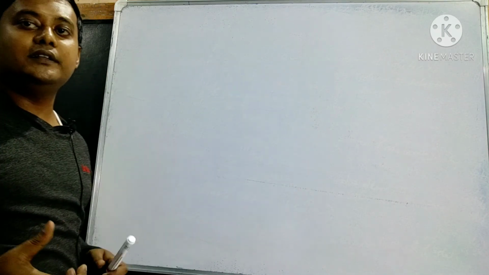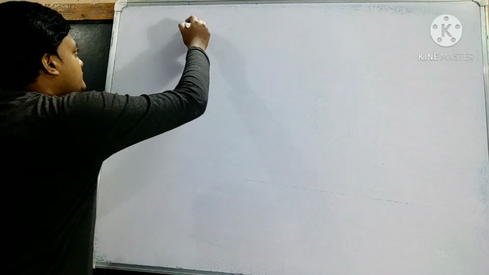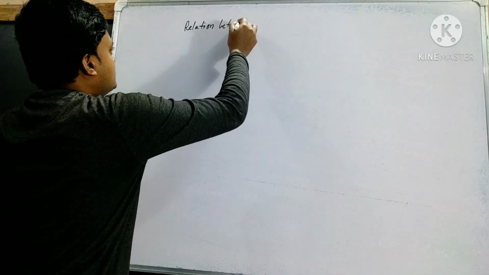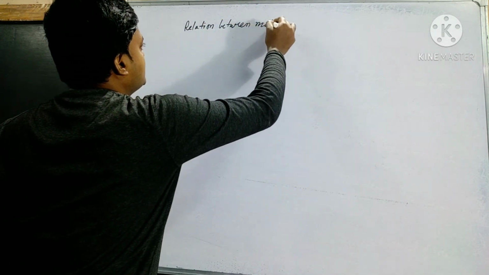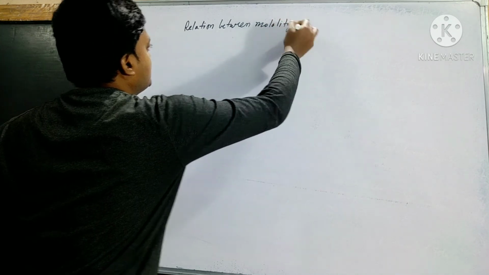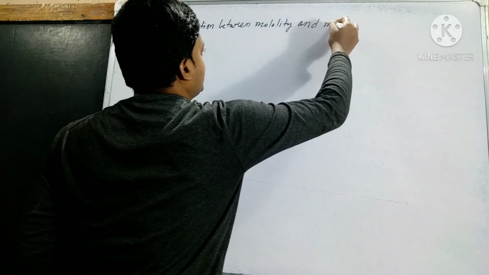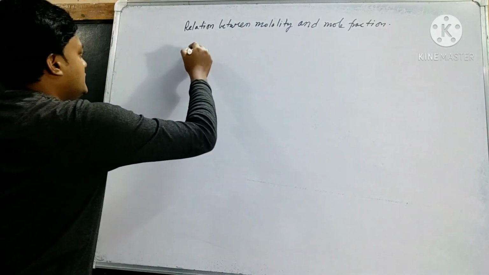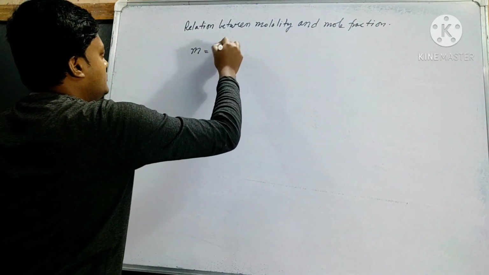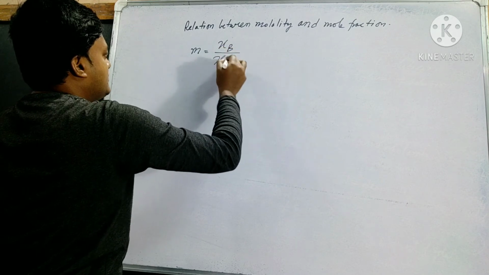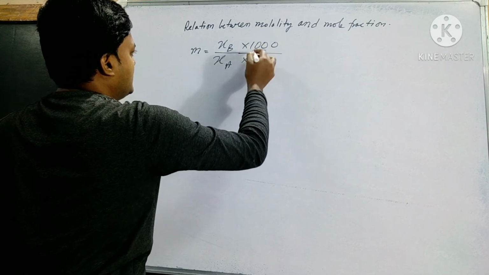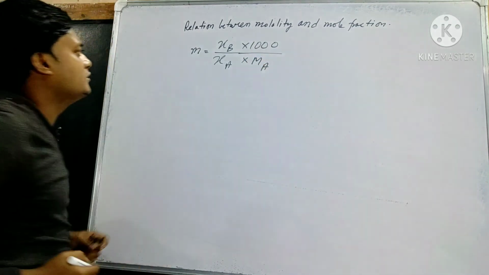Relation between molality and mole fraction. Now see, m equal to Xi B by Xi A into 1000 by MA.